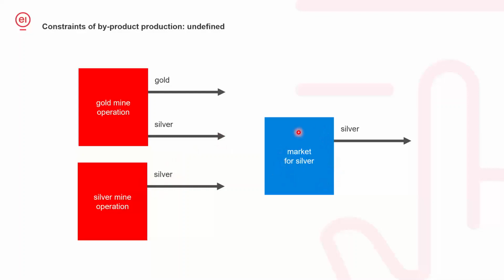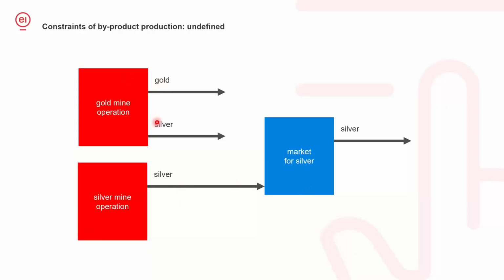The market for silver has silver as a reference product, and in the cutoff system model, or in the allocation, APOS system model, it will be supplied by both activities. However, in the consequential system model, only the silver mine operation can supply the market.